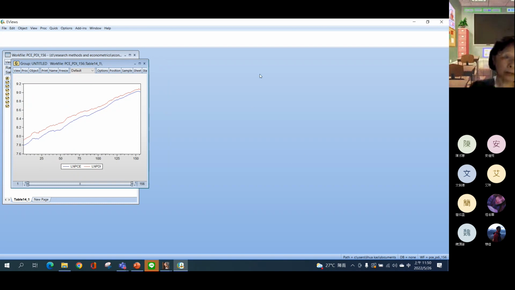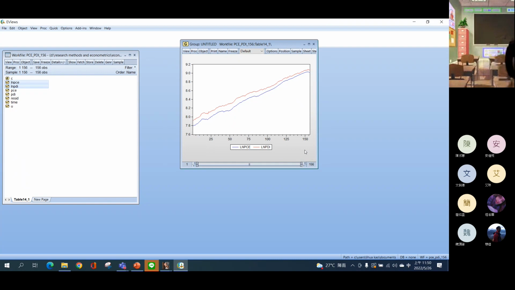Look at this diagram. What do you see from this diagram? It seems that both LNPCE and LNPDI are trending series.